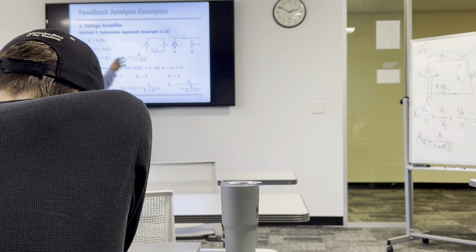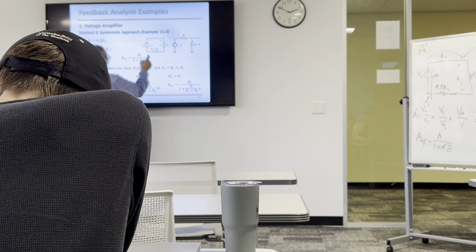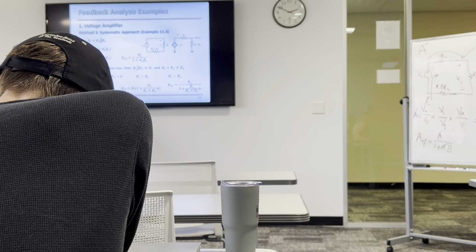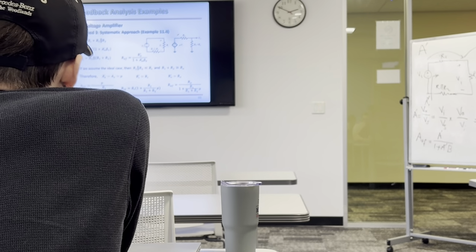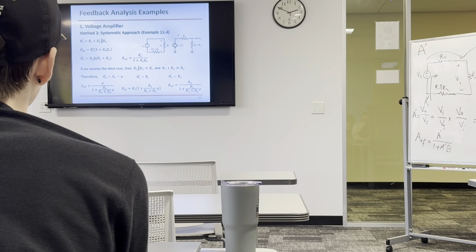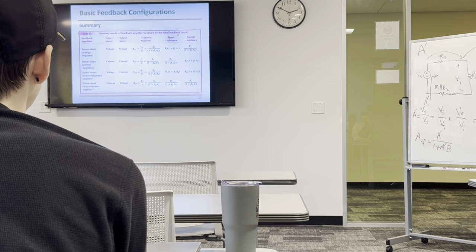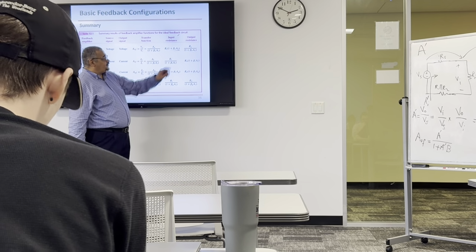Again, this source doesn't have Rs, right? So if you're looking from this side, Ri prime is this in series with this, so Ri plus R1 parallel to R2. Well, we know from this table that for a voltage amplifier, Rin increases by the amount of feedback.